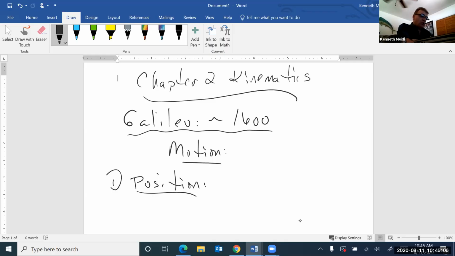We could just write out the word position anytime we want to talk about position, but like musical notation, we have shorthand, and that's part of learning the language. Your textbook uses a pretty traditional notation, and it works pretty well. To signify where an object happens to be, your author of your textbook is going to use the letter X.